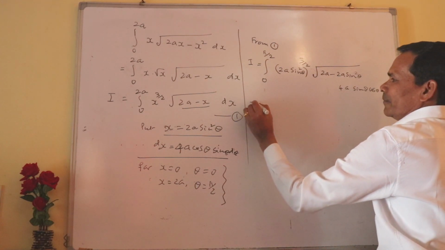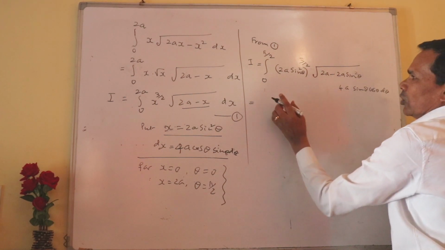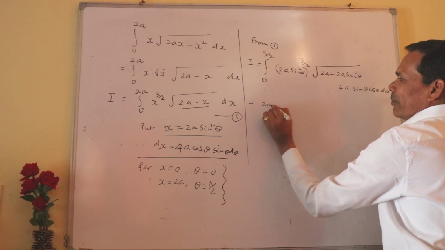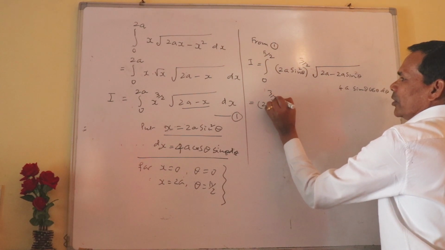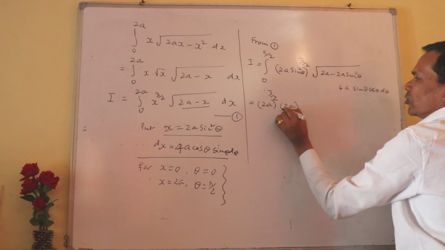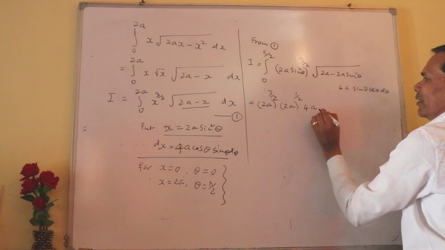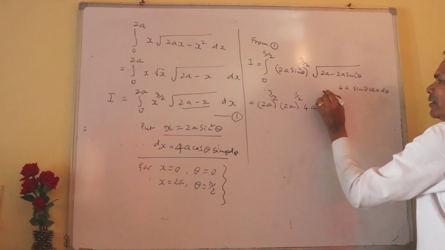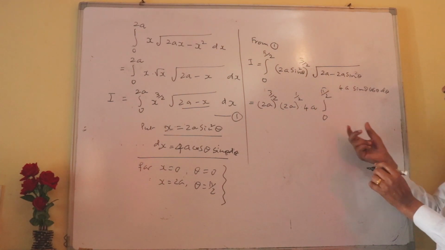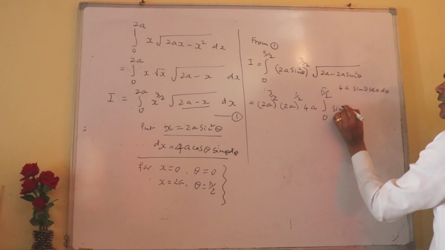Now I take all the constants outside, so it is 2 times a bracket raised to 3 by 2 from here, then from here 2 times a bracket raised to half, then here it is 4 times a, and inside the bracket it is 0 to, inside the integral sign it is sine cube theta.